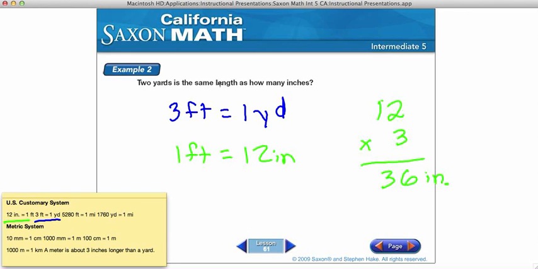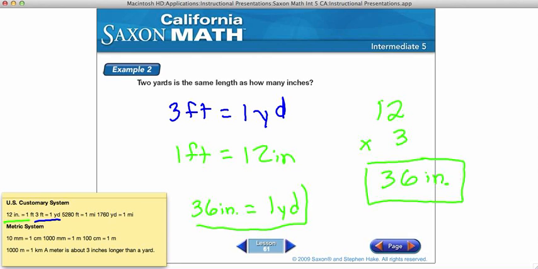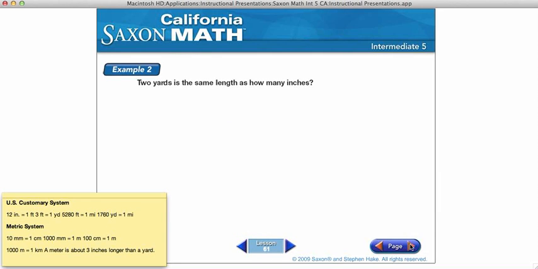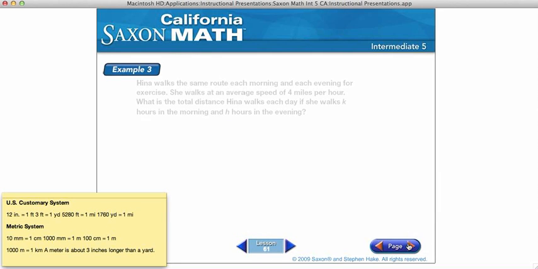And since I know 3 feet is equal to 1 yard, then my answer is 36 inches. If you want to write it all out so it's easier, 36 inches equals 1 yard. This is actually a slightly better answer. Okay? Example 3.